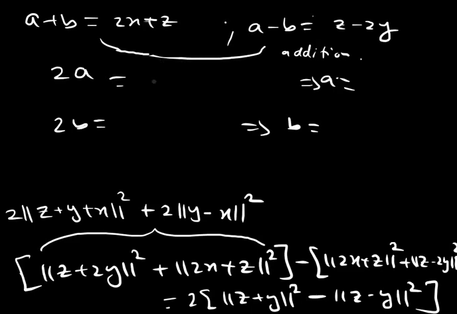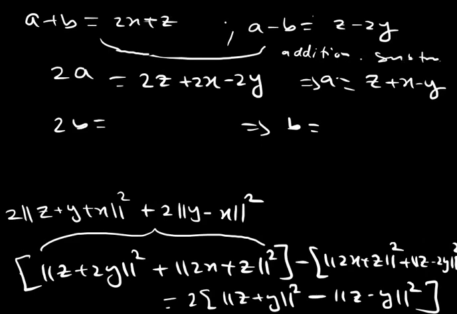So the addition of these two terms would be what? 2z plus 2x minus 2y. z plus z is 2z, and then 2x is as it is. So a would be z plus x minus y, and 2b would be the subtraction of this thing. So you can subtract also. So z cancels, 2x minus 2y, this would be just x minus y.